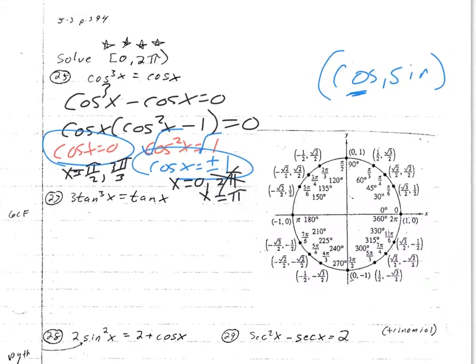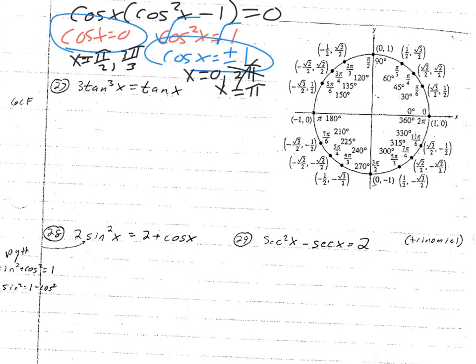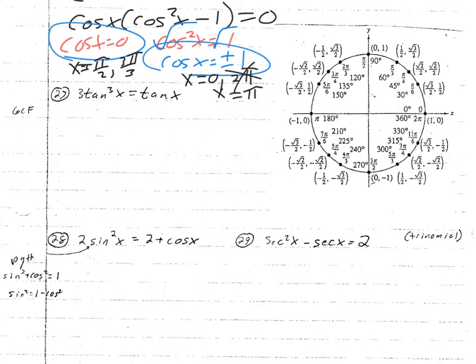For question number 23, I'm going to have to get the word tangent all on the same side and then factor it. So I'm going to start out with 3 tangent to the third x minus tangent x equals 0. I'm going to take out my greatest common factor again.